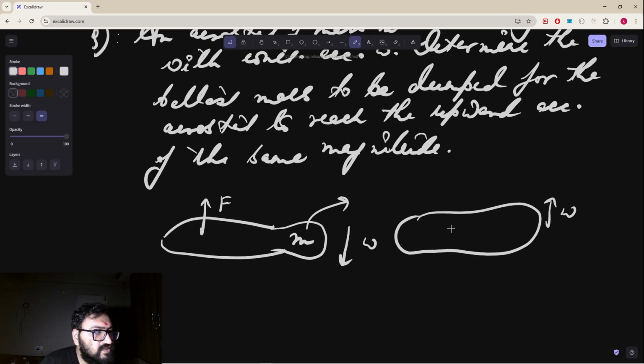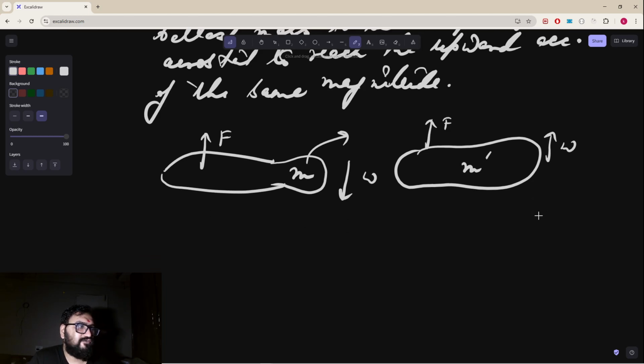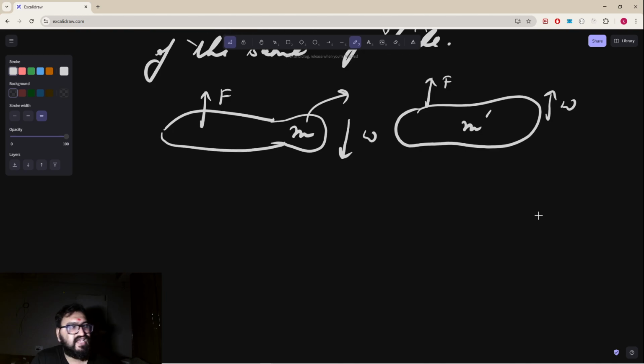In both the cases my buoyant force is going to be the same. Let's say in the second case its mass is m dash. We just need to write down the force equations in both the scenarios and find m minus m dash essentially, because this is my initial mass and this is my final mass. If I subtract the final mass from the initial mass, I get the mass that needs to be shed.